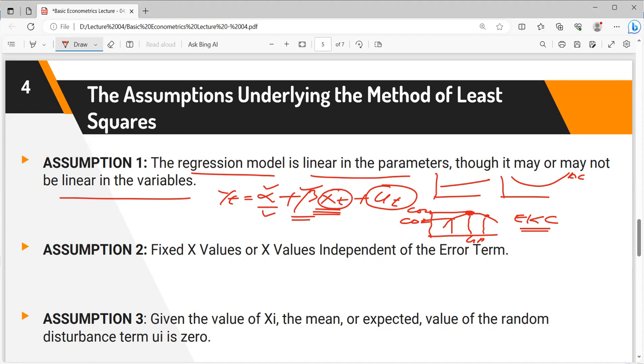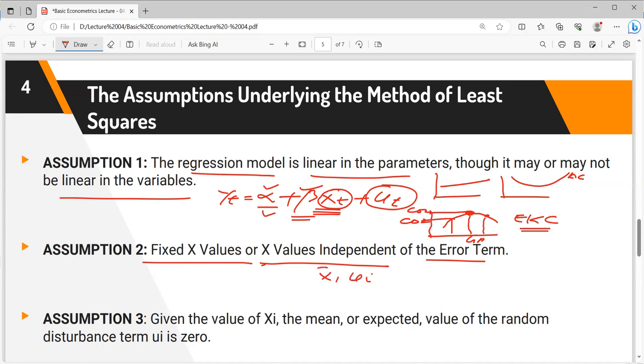The second assumption is that X values are fixed, or independent of the error term. It is assumed that our X values will not correlate with the error term mu i.